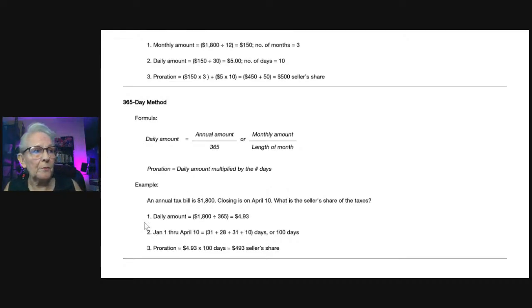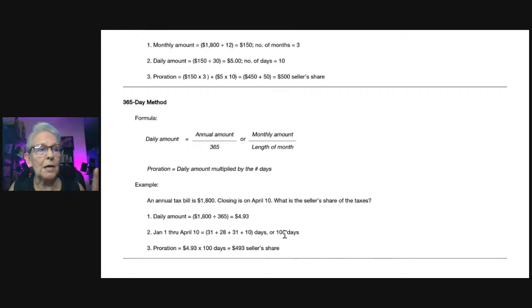So here it'll be January 1 through, January has 31 days, February 28 days, March has 31 days, plus 10 days. That's an equivalent amount of 100 days.